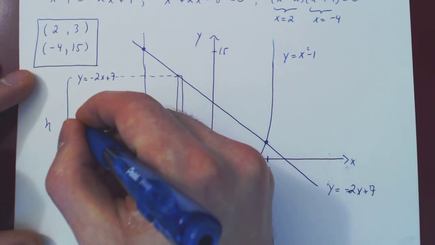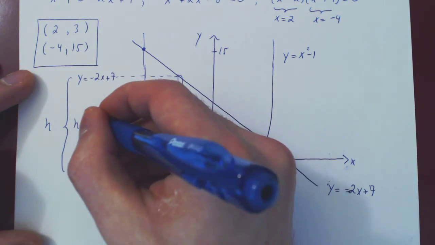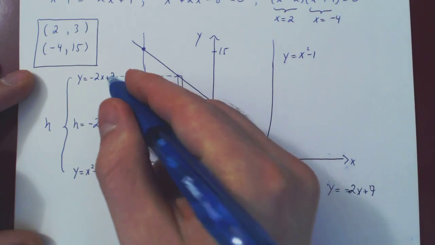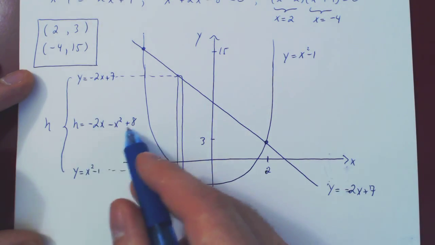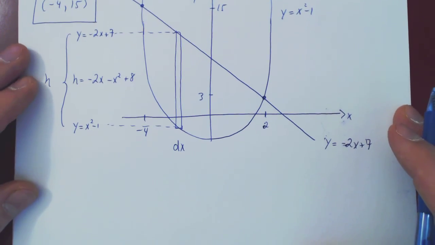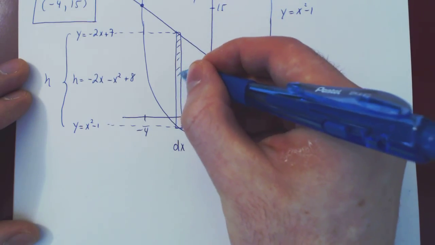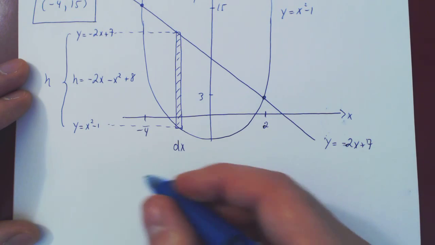I guess I should have put it here. But if you do this minus this, you'll get negative 2x, negative x squared. 7 minus negative 1 is plus 8. And now you have the height of the rectangle. And now we're essentially done. The area of this rectangle is the height times the width.